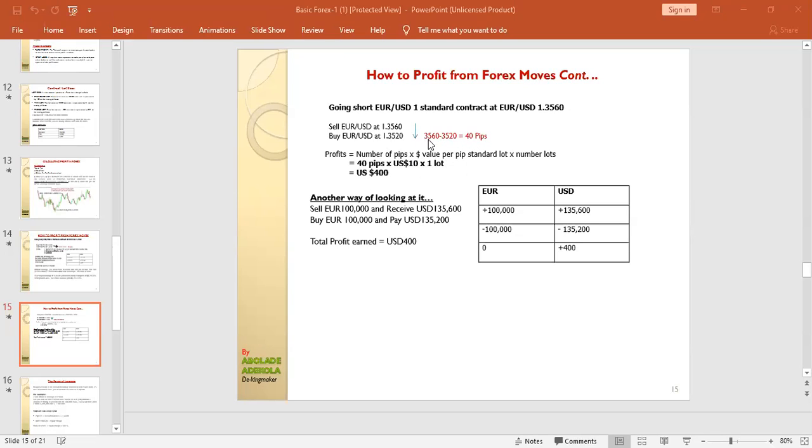Which means you are going to multiply your 40 pips by the dollar value per pip, which is $10, multiplied by one lot. If you multiply this with this, multiplied by one, it's going to give you 400 US dollars, which means from this move alone, if you trade one standard lot, your profit is 400 US dollars.